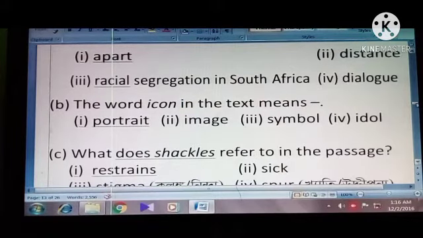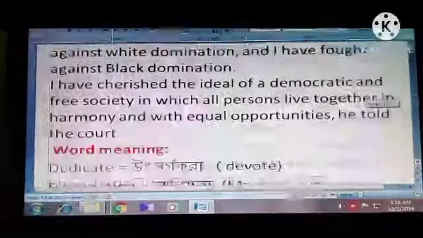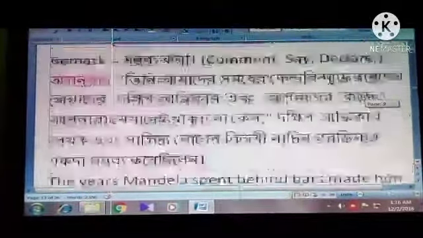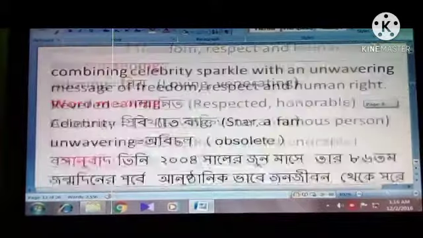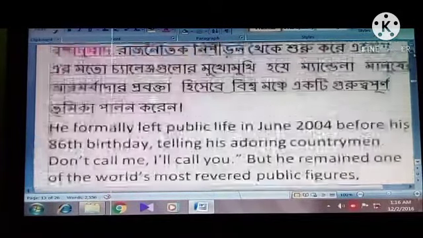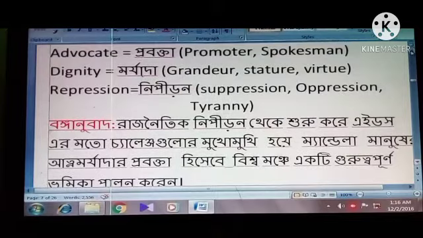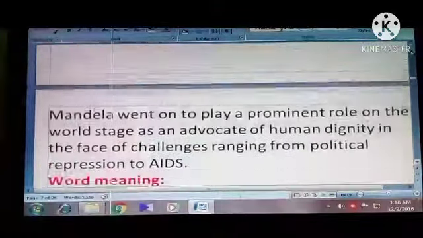Yes, here the correct answer is idol. I will show you how to write the answers, though I think you know well how to write down the answer.